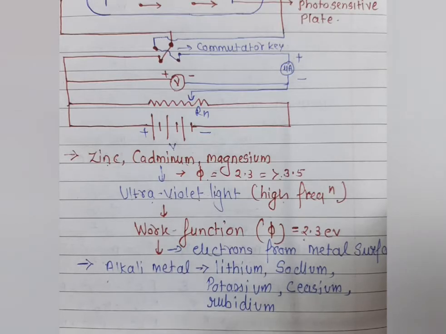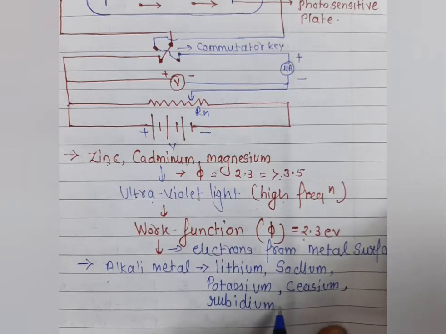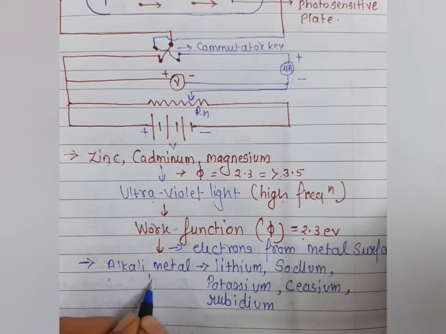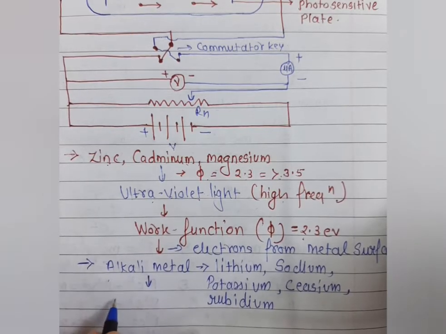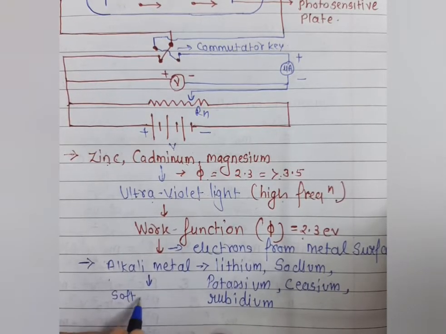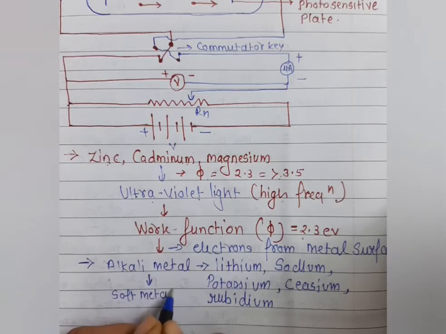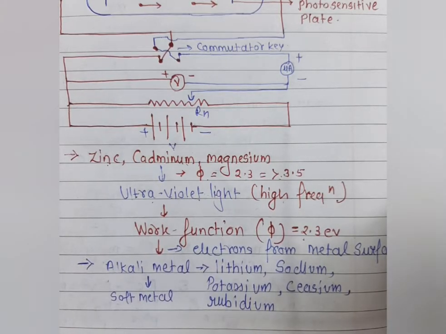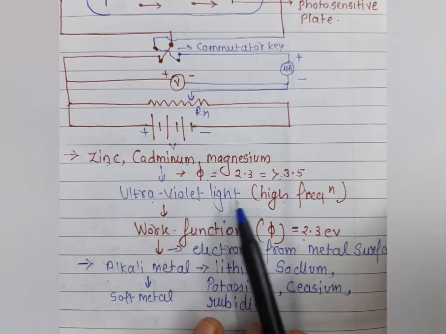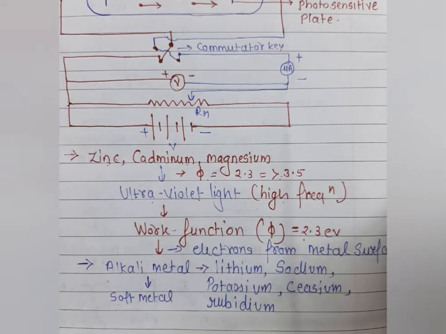It means this type of metal is known as soft metal. Yes students, always remember, alkali metal is known as soft metal. These metals are very soft. So this kind of metal is not affected by the ultraviolet rays of light, because that is hard metal.